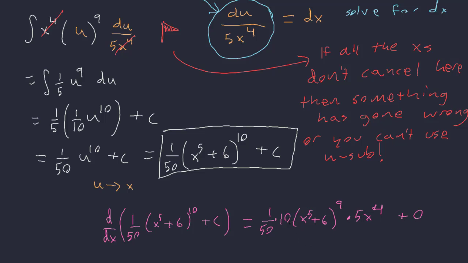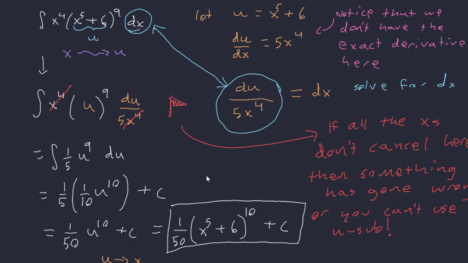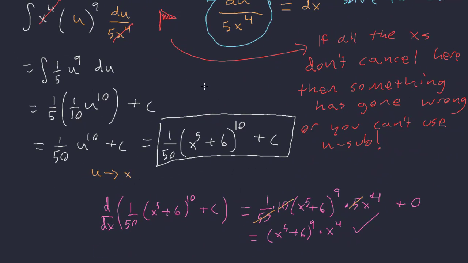So this 5 and 10 make a 50, so it cancels with this 50, and we will be left with x to the 5th plus 6 raised to the 9th, all times x to the 4th, and that's exactly what we started with. So thankfully this method does work.